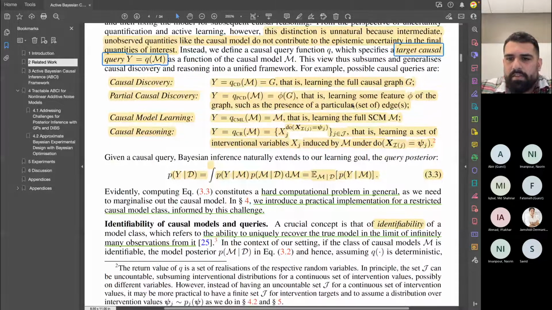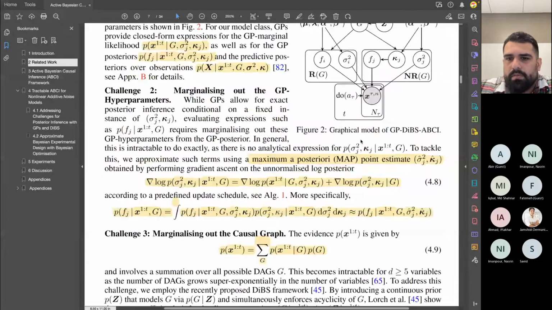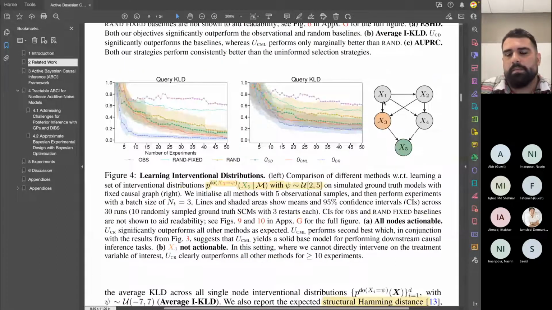Learning the causal graph G is like learning that this node is parent to these two, but learning the SCM is about quantifying the relationship, meaning, for example, x3 is 2 times node x1 plus a noise.